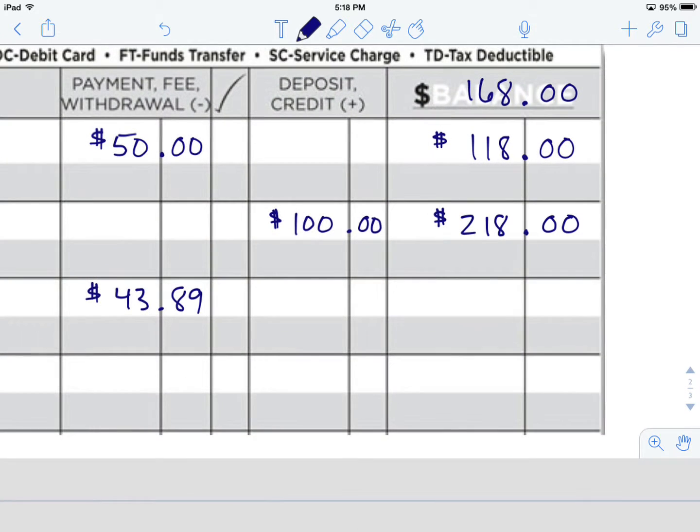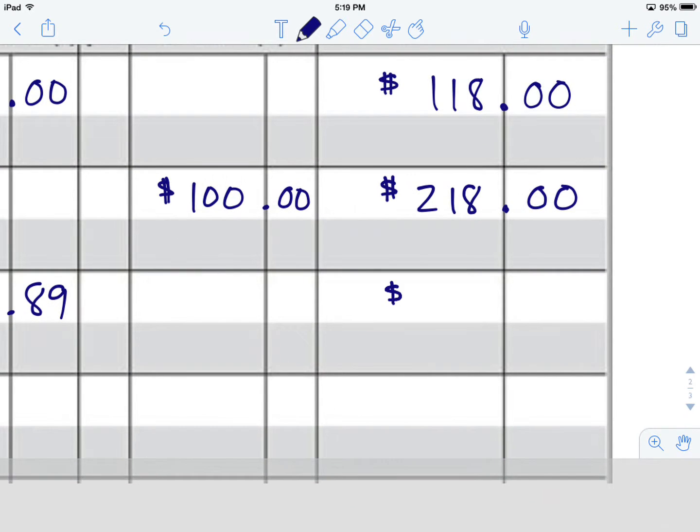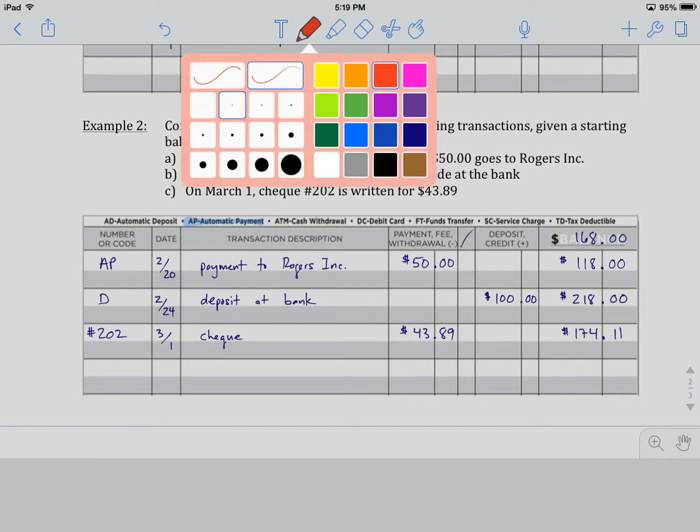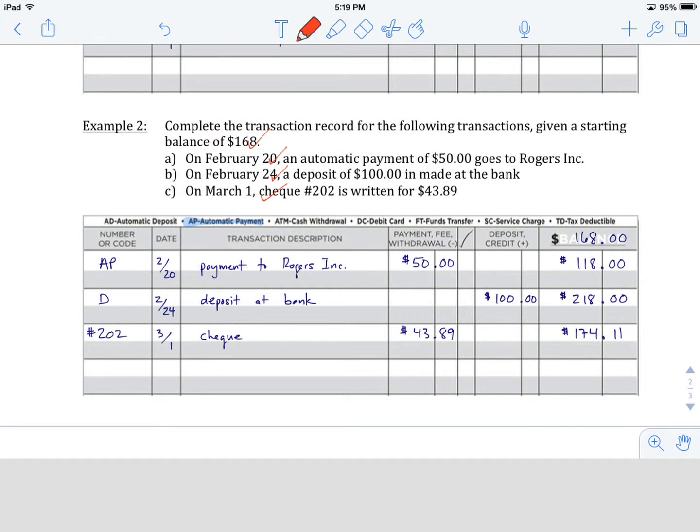That's $218 we have in the account, and we're taking away $43.89 that we'll be leaving it. That leaves us with $174.11 and a red check mark, and we are finished that transaction, and we finished example number 2.